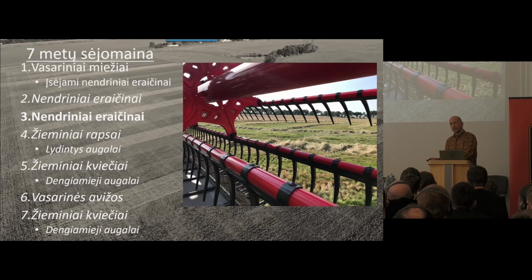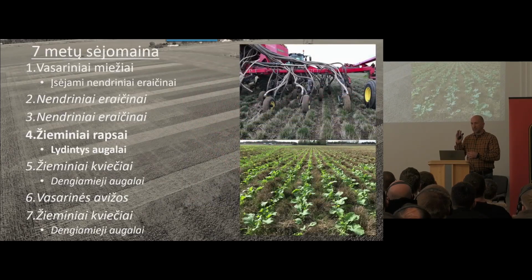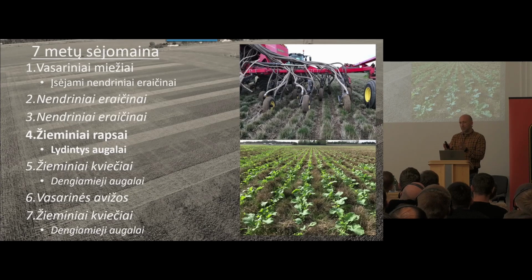We remove the straw again to be able to seed oilseed rape directly into the field. And so far we've been doing this with our SeedHawk, 25 centimeter row spacing, moving to seed the oilseed rape in between the rows of grass seed.